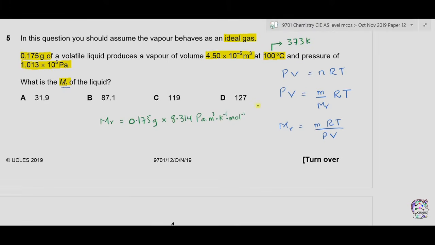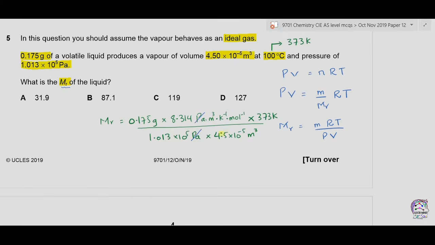It will become 373 Kelvin. So into 373 Kelvin, divided by pressure, given as 1.013 × 10^5 pascals, and volume, given as 4.5 × 10^-5 meter cube.